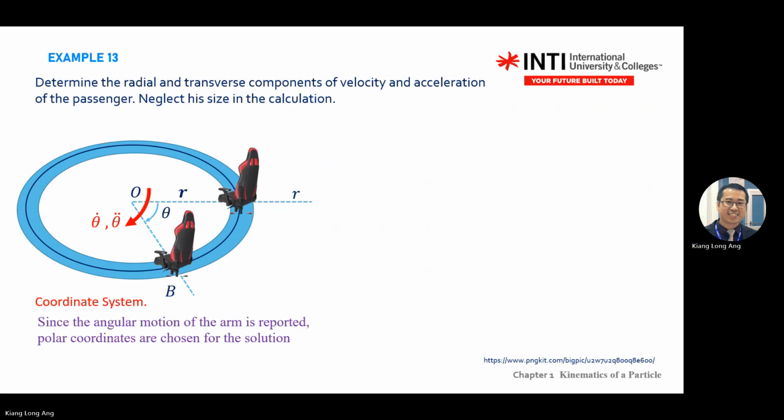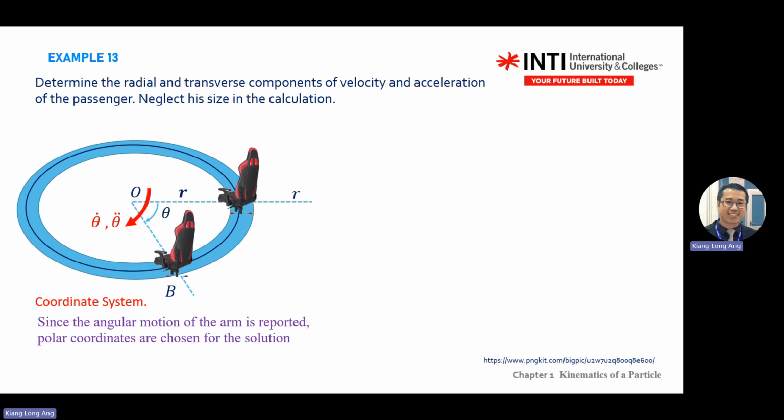Coordinate system. In this one, previously, for a coordinate system, we draw x and y, or tangent, normal direction. Now, you see the question gives you theta dot, theta double dot, so it is a polar coordinate question. So you go back to the free body diagram and you draw where your R is.